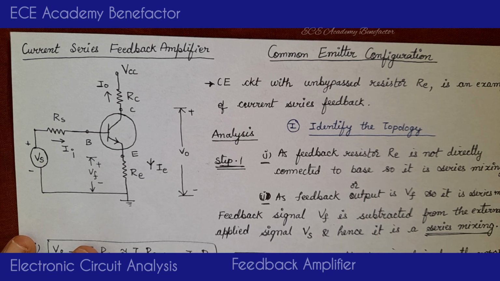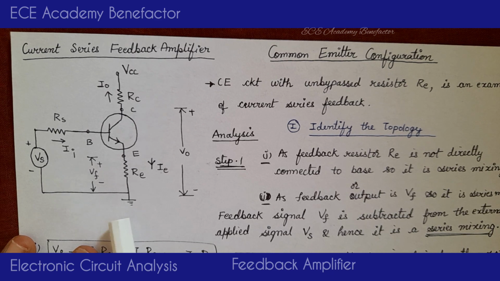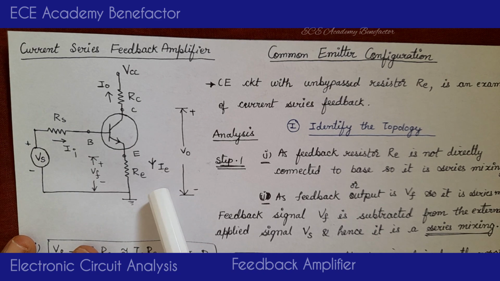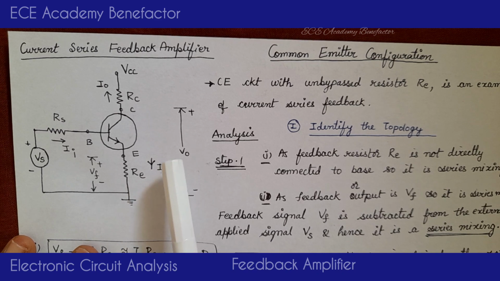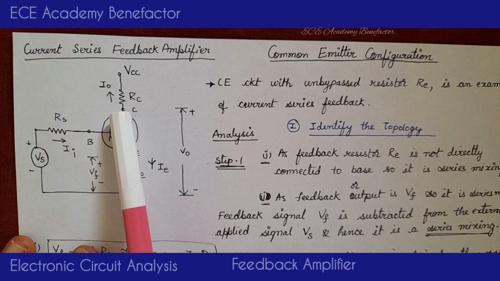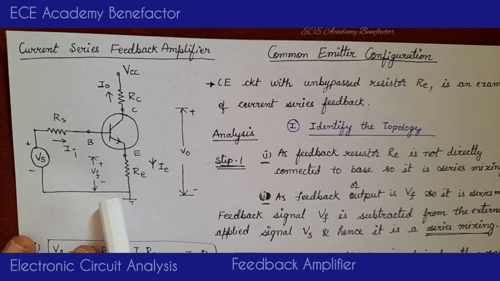So by looking at the circuit, how can we identify it is a current series feedback amplifier? This is a current series feedback amplifier. Other name is CE amplifier with unbiased emitter resistor RE. Why it is CE? It's easy to understand. Whenever the output is taken at the collector point with respect to ground, it is CE configuration.